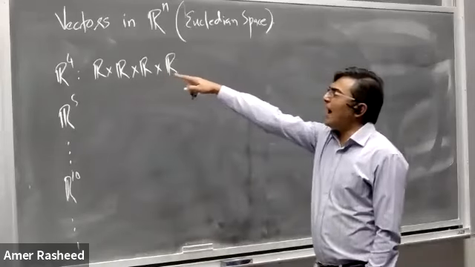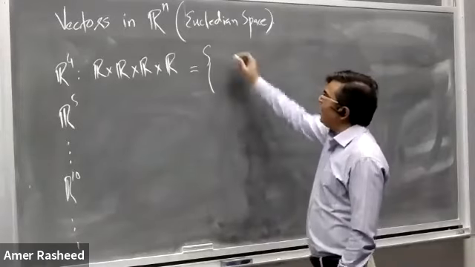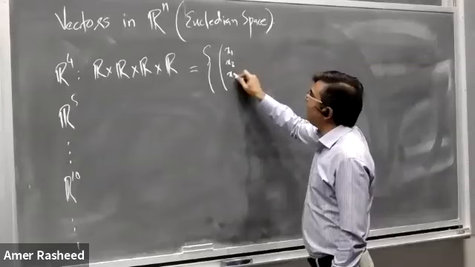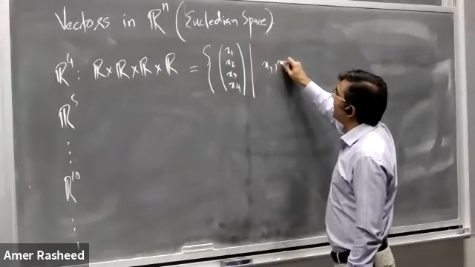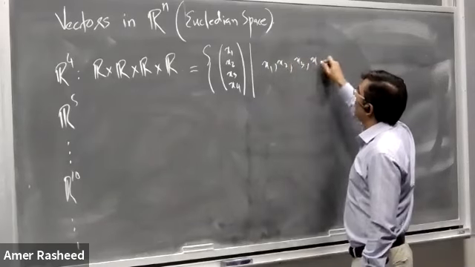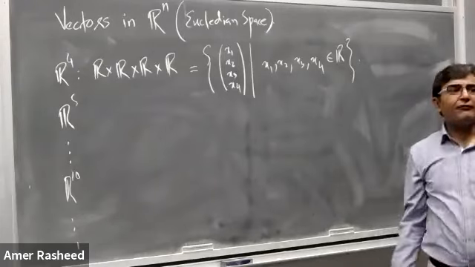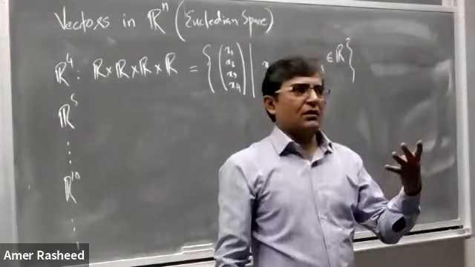Now, what would R4 be? Technically, you should write it in this form: a vector X1, X2, X3, X4 such that X1, X2, X3, X4 all belong to R. This is the set R4, which contains all the vectors having 4 components.